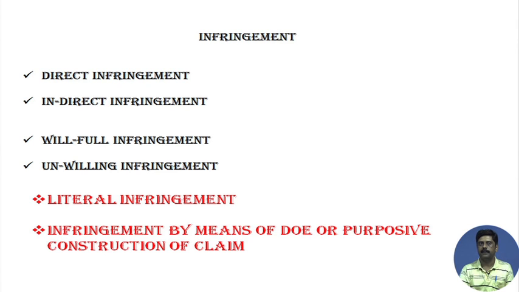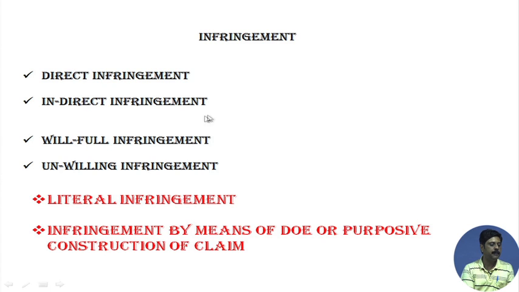Novartis has a drug patent in India and is maintaining it, so they have a valid right in India. Now another company, company A, has started a manufacturing unit of that product. They will be treated as direct infringers, because they are directly producing that patented drug without authorization of the patentee.